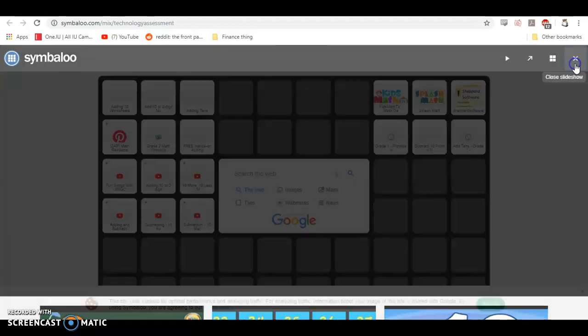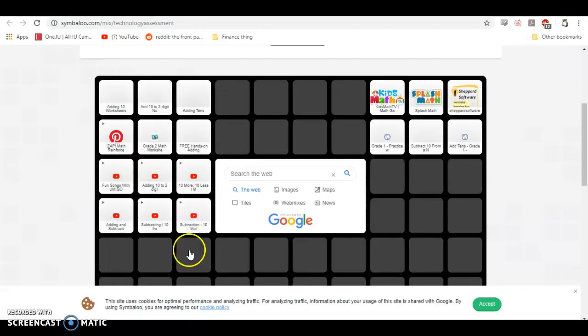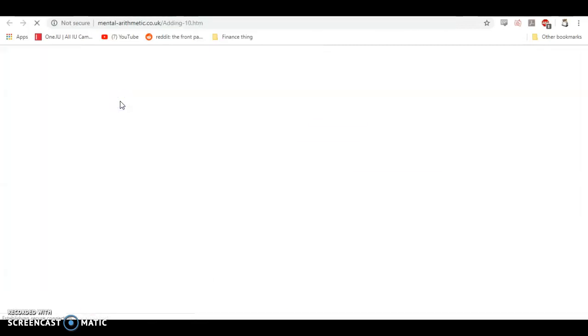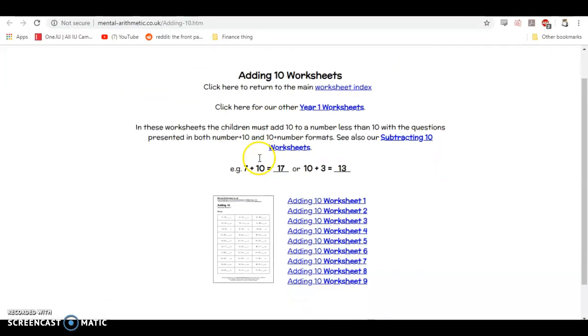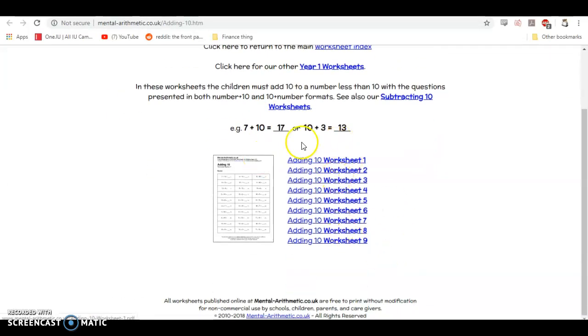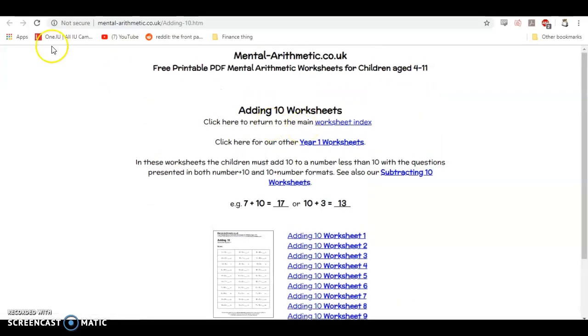Some correlate with adding 10, some correlate with subtracting 10, some correlate to both. We have different worksheets that are able to be printed out, just examples of adding 10 to 2-digit, 1-digit, 3-digit numbers, all of that.